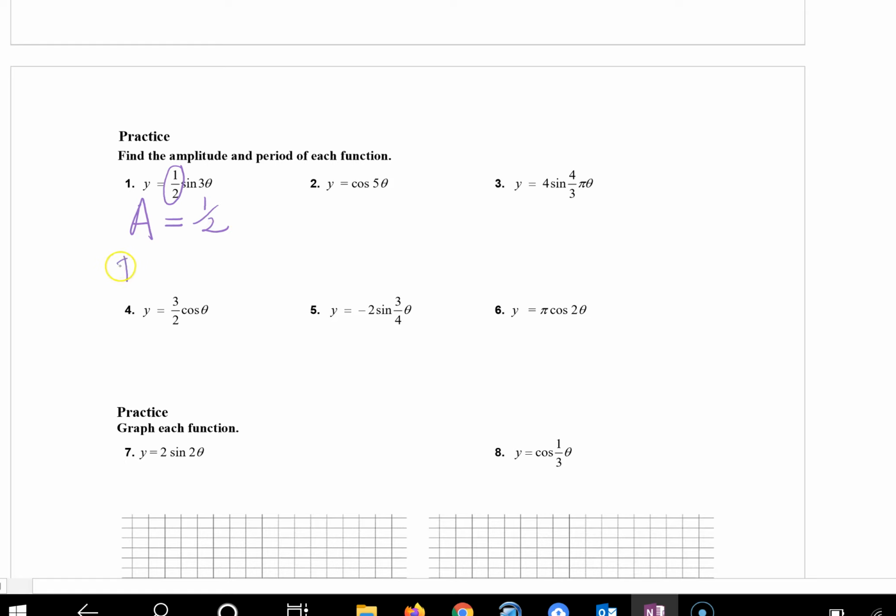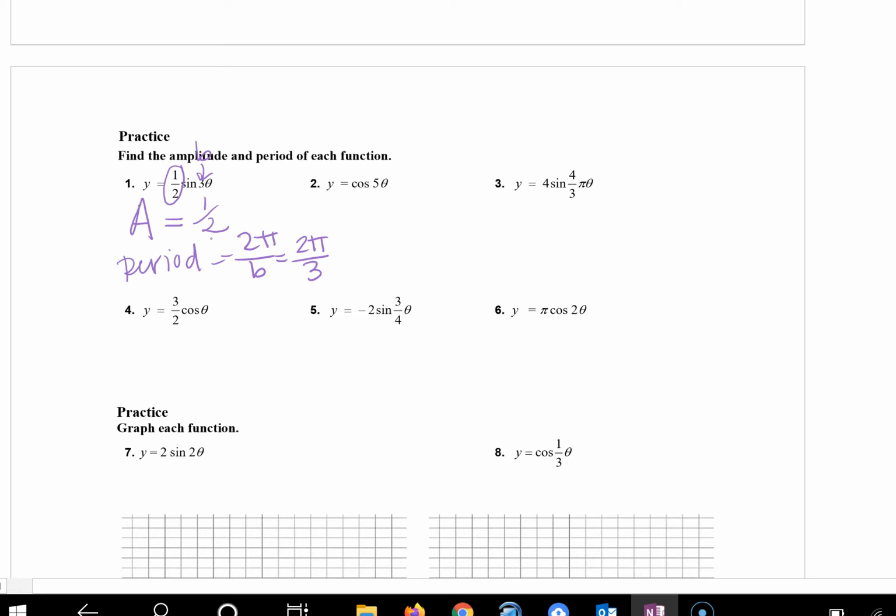Your period would be 2 pi over b, which means it would be 2 pi over 3, because that's your b. While we're here, with an amplitude of 1/2, you'd have a maximum of 1/2 and a minimum of negative 1/2.